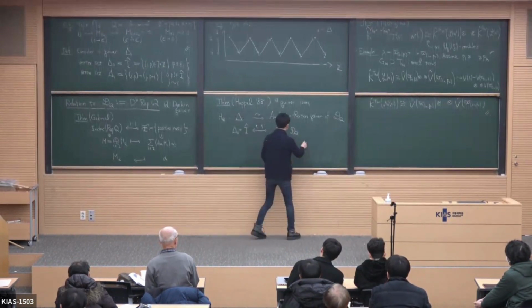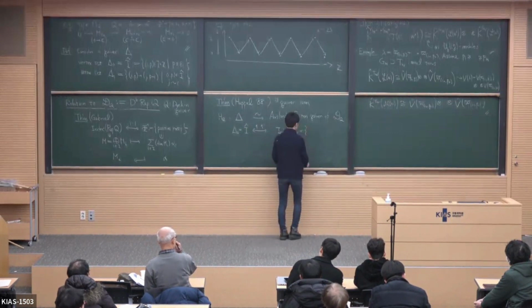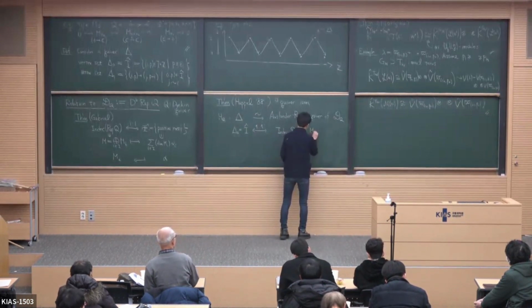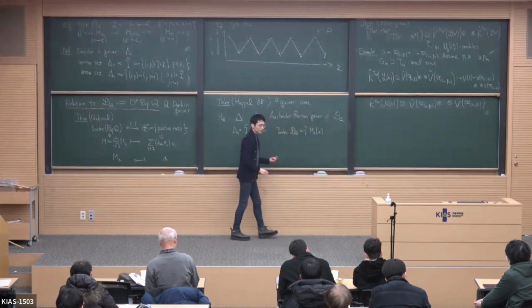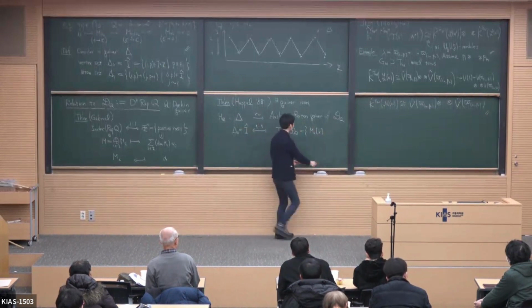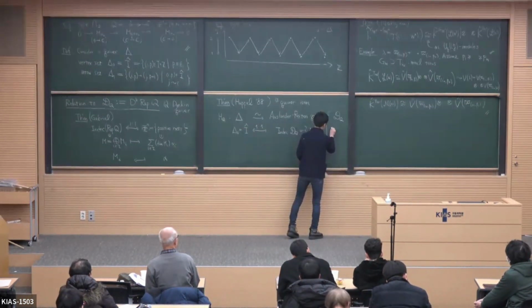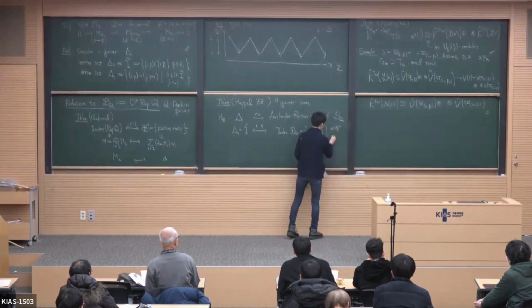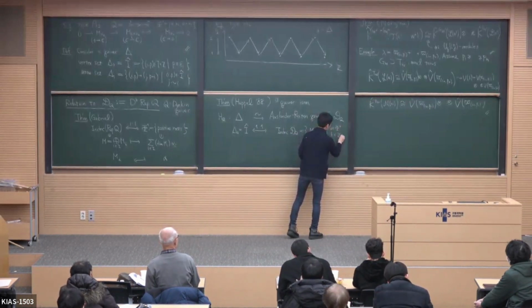And indecomposable objects of category D2 are given by the shift of an indecomposable module M of alpha, where alpha is a positive root and k is an integer.